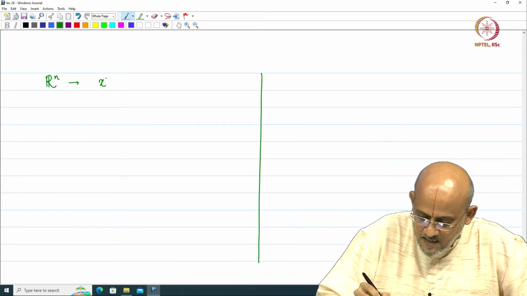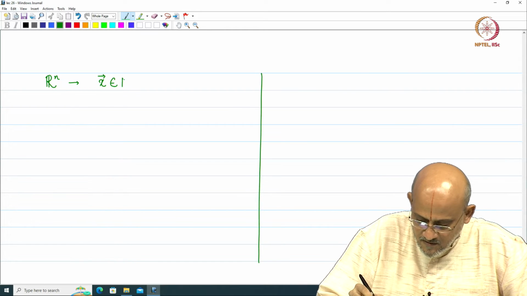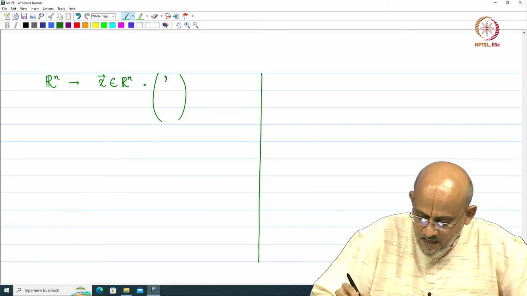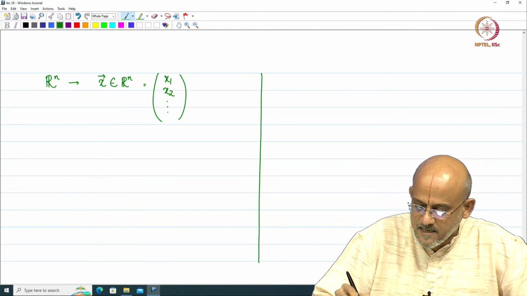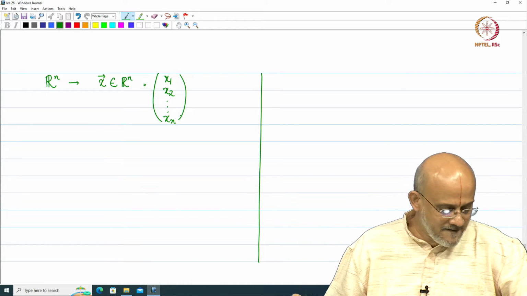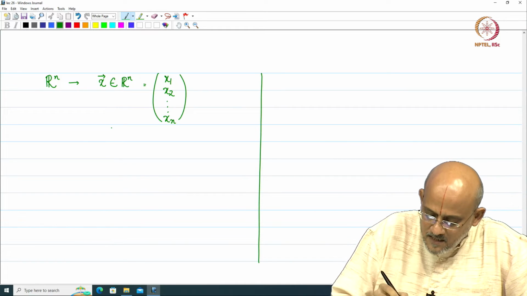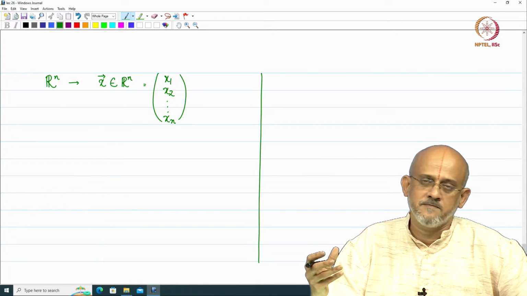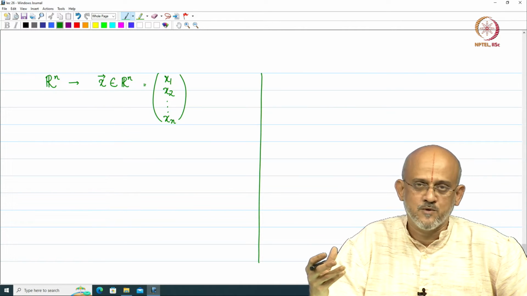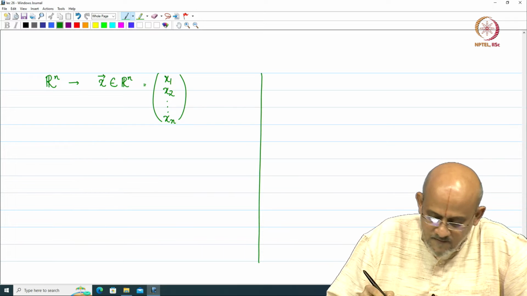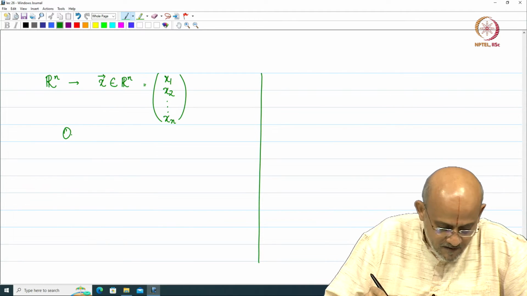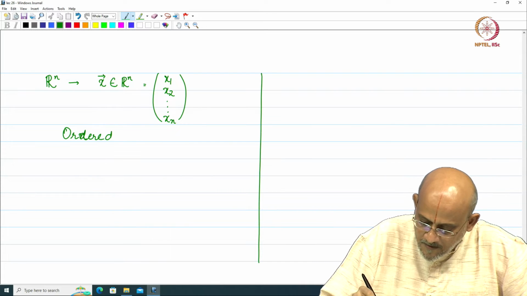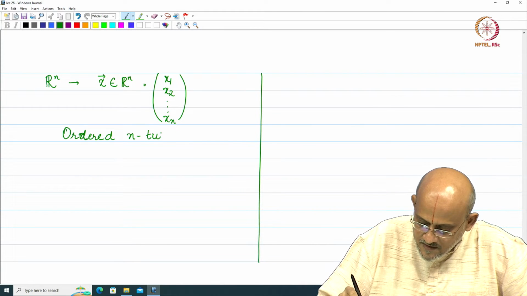So any vector in Rn is defined by x1, x2, etc. up to xn. Like in 2 dimension, where a vector was an ordered pair of 2 real numbers, in this case every vector is an ordered n tuple of real numbers.